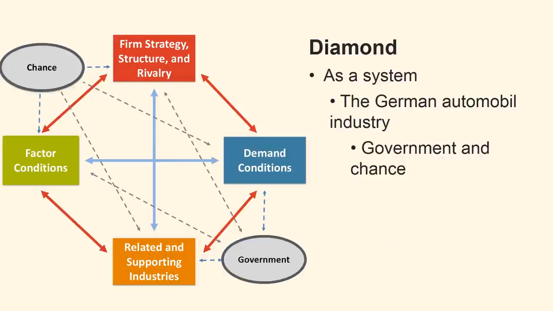We also have to see how the determinants, government and chance, affect the four major determinants, and thereby the national competitive advantage. The change from petrol-driven cars to another source of energy will create discontinuities that allow shifts in competitive position.